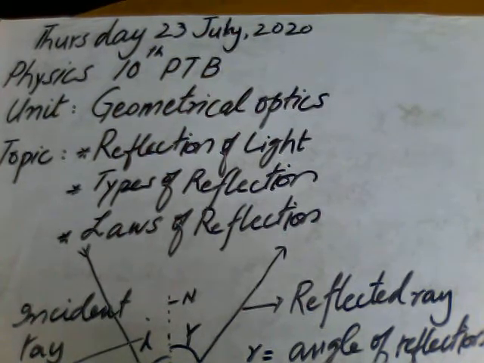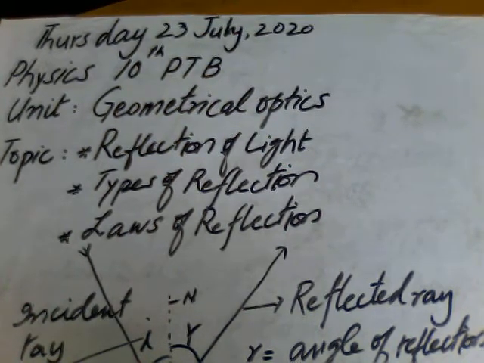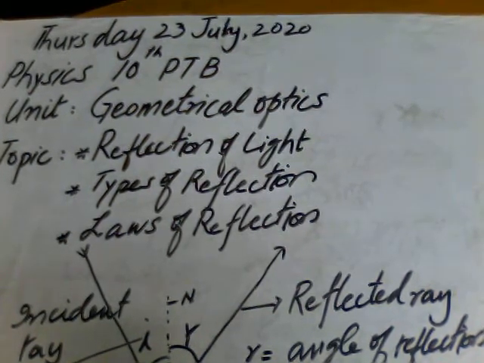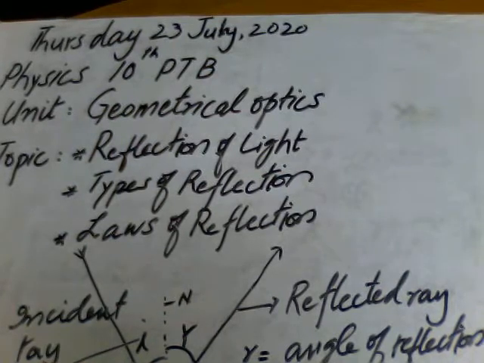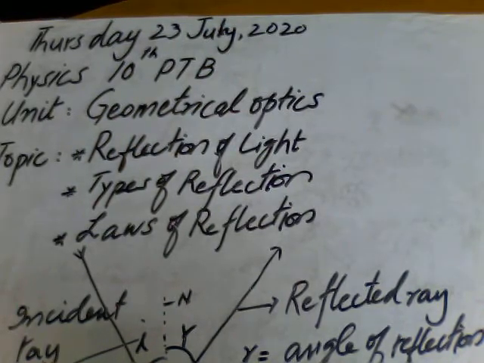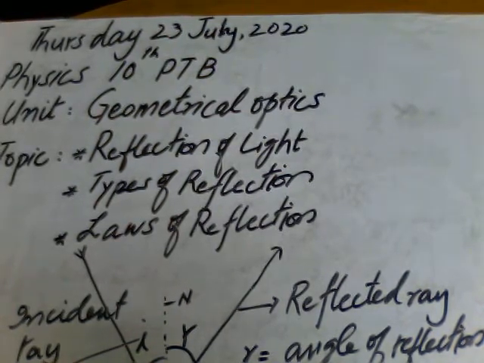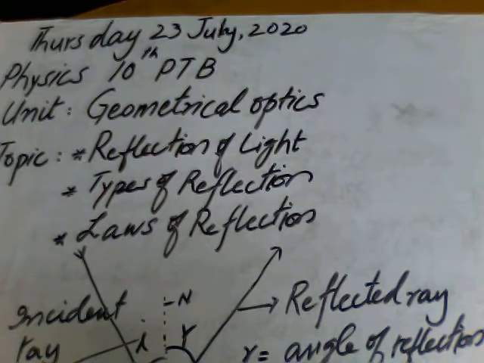So many other things we will discuss and study in detail. Today, the first thing that we are going to learn is reflection of light, then the types of reflection, and thirdly, the laws of reflection.